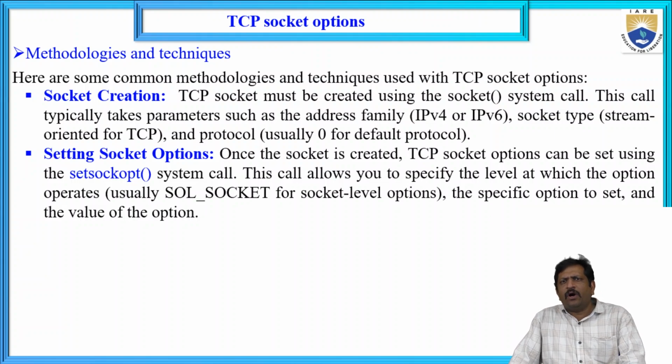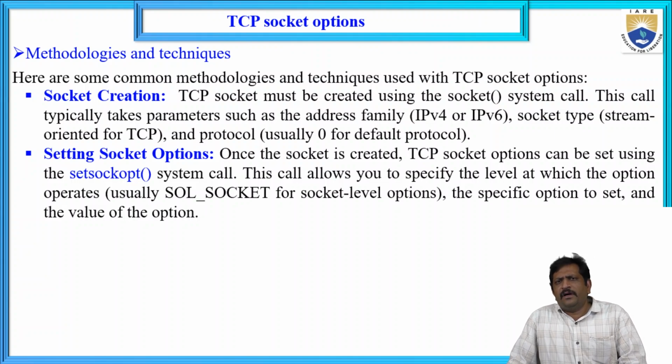Next, setting the socket options. Once the socket is created, the TCP socket options can be set using the setsockopt system call. That means setsockopt is the function call. This call allows specifying the level at which the TCP socket option operates.